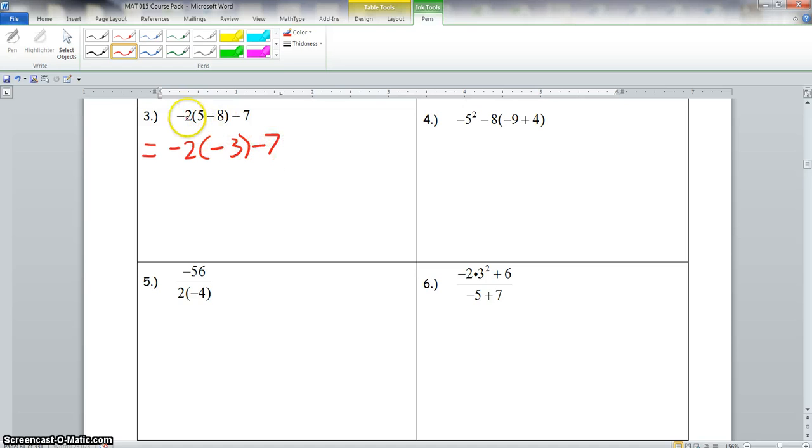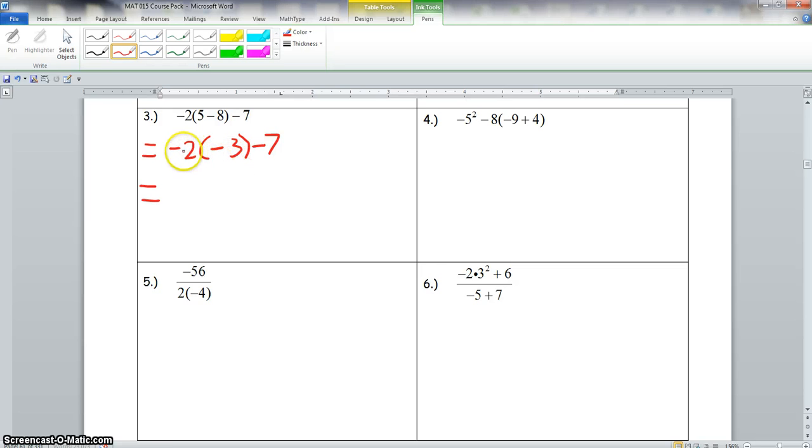Now, I'm going to say this again because we know 5 minus 8 is the same as, in your head, 5 plus a negative 8, which we know is further from 0. This negative 8 is further from 0 than 5, and we subtract and get a negative 3. So now, we're left with multiplication and subtraction because we cannot do anything else inside this parenthesis.